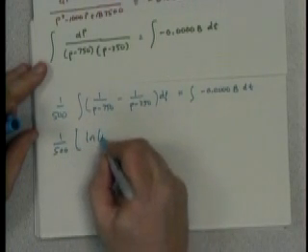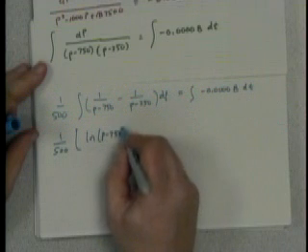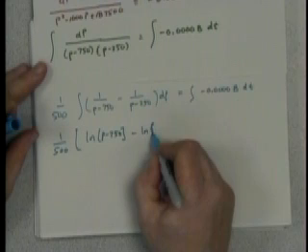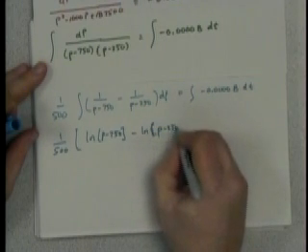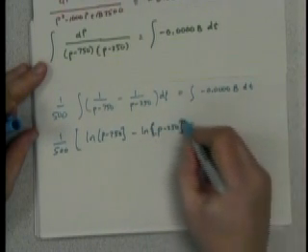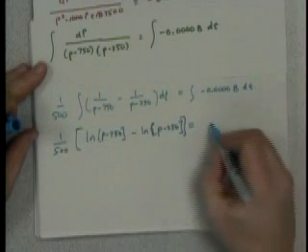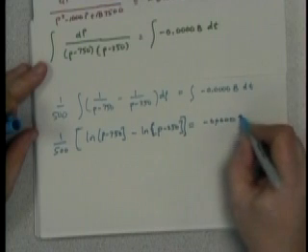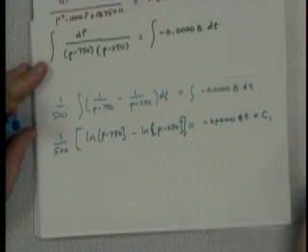The natural log of p minus 750 minus the natural log of p minus 250 equals negative 0.00008t plus some constant.